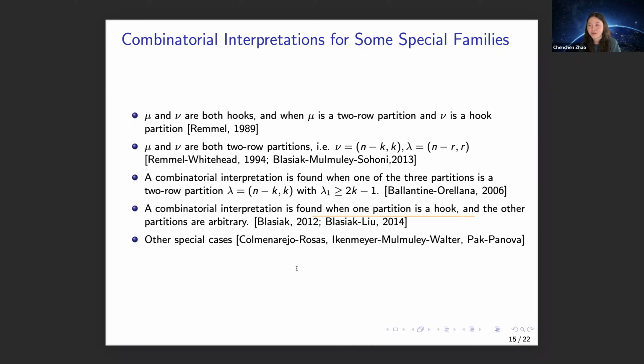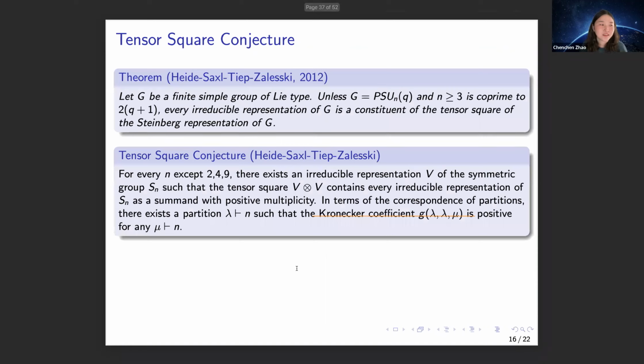There's a polynomial time algorithm to do so, but even though determining the positivity of the Littlewood-Richardson coefficients is easy, determining their asymptotic behavior is still hard, and Greta will talk about that more in her talk. And so alternatively, we are looking at the positivity of the Kronecker coefficients.